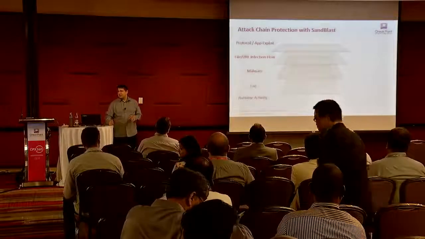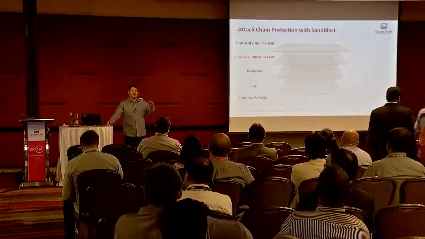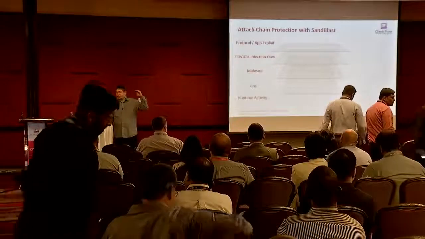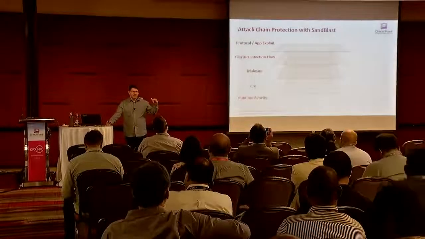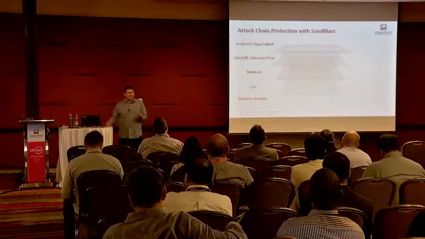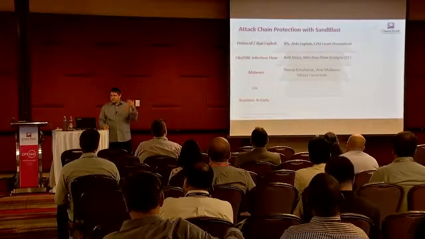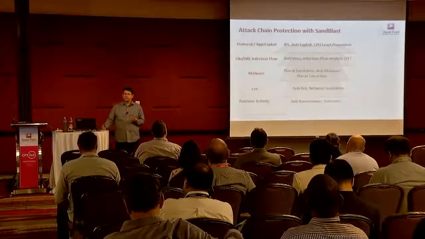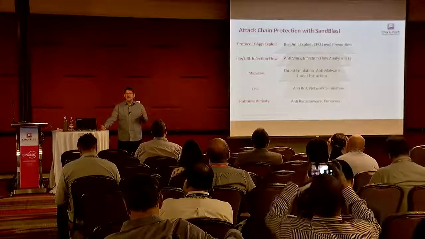So to recap for a second, if we are looking at the attack chain, the attack can come in at different levels. We can look at it at the protocol level. We can look at it at the file and malware level. We can see CNC. We can see the activity on the box itself, and we are dealing with this. We have multiple technologies to deal with this at different levels. And the important thing to understand is we don't look at any of these engines as a silver bullet.